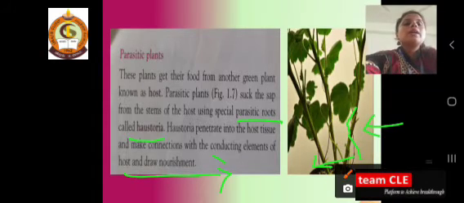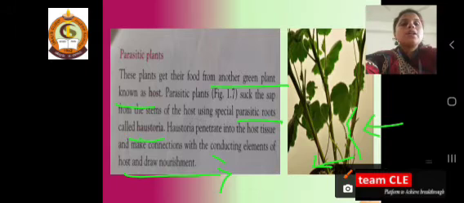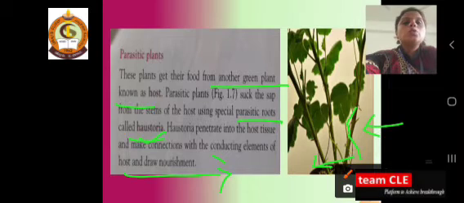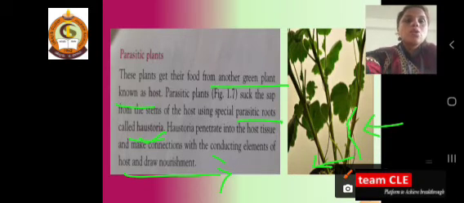This is the parasitic plant, where the plant gets its food from another green plant. The question can be asked: what is host and what is haustoria? You have to write these two answers. From an exam point of view, we got two questions: what is host and what is haustoria.